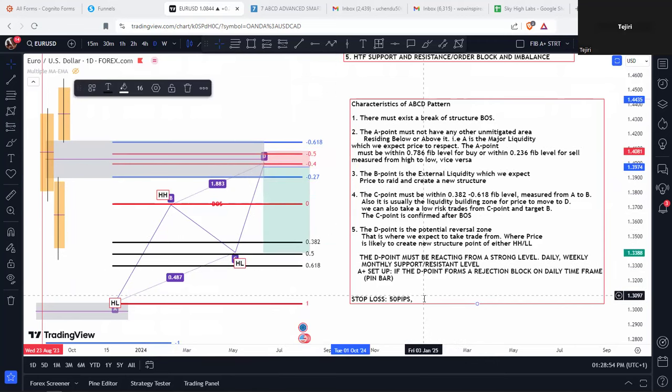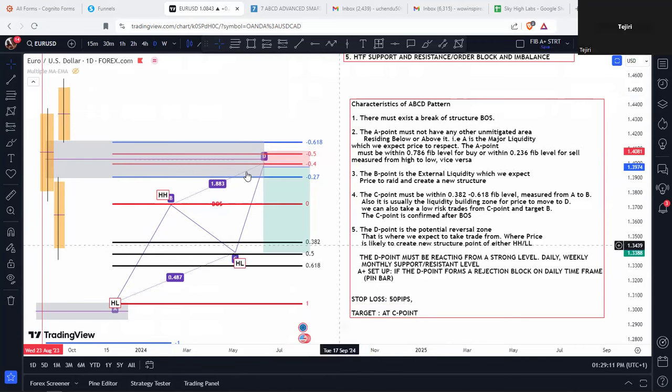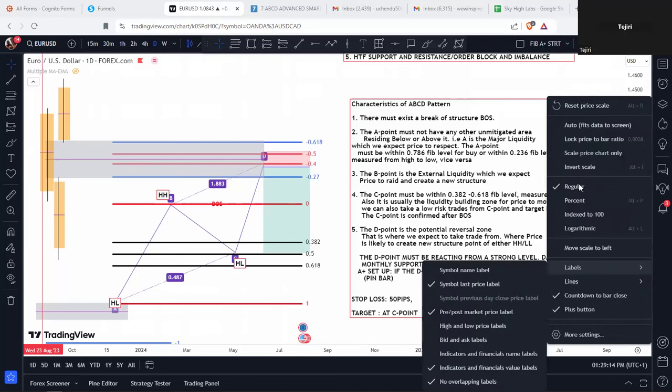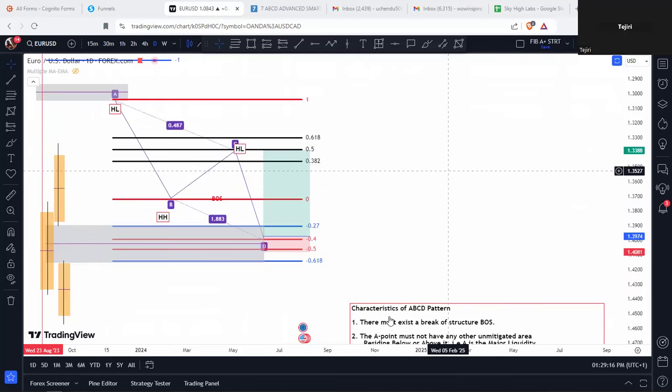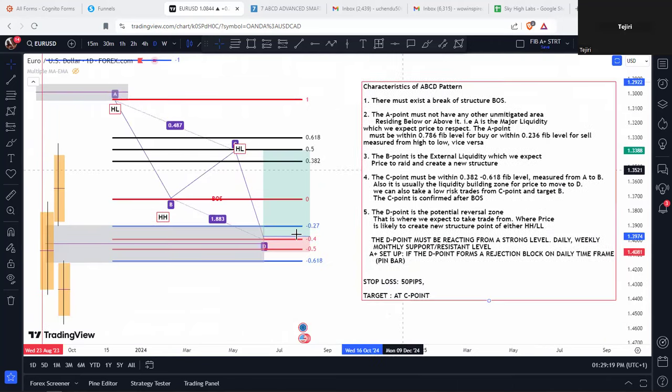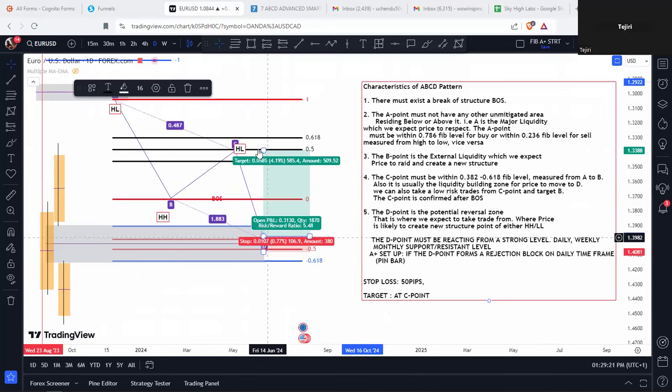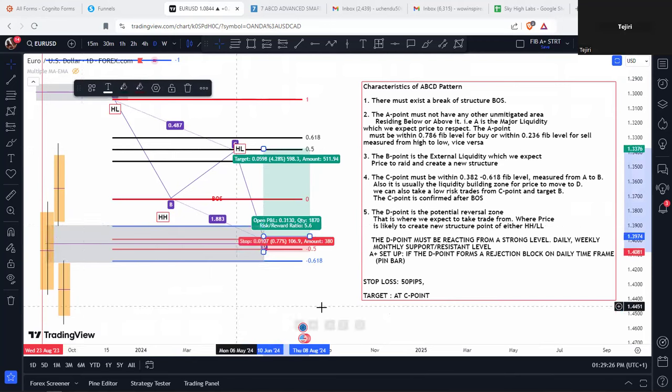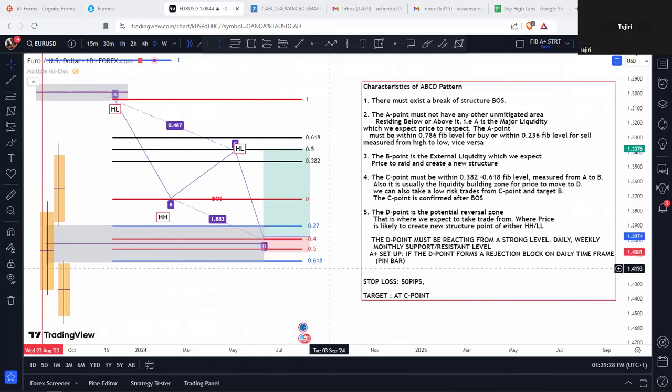C. Same for bearish. So if you are buying from here, target is always at what? C. The same concept. So this is how we look at it.